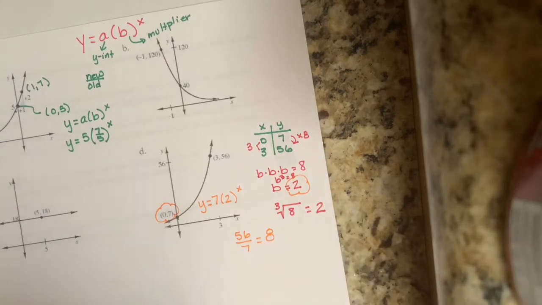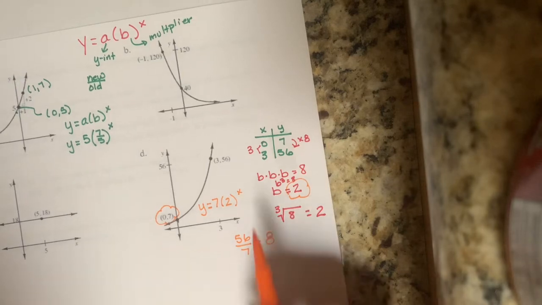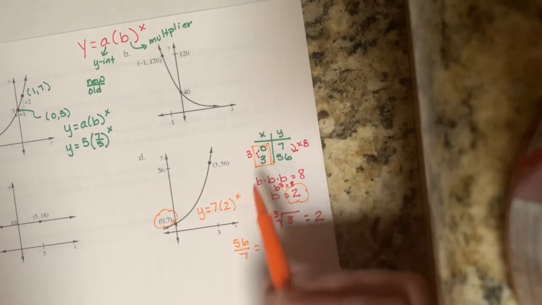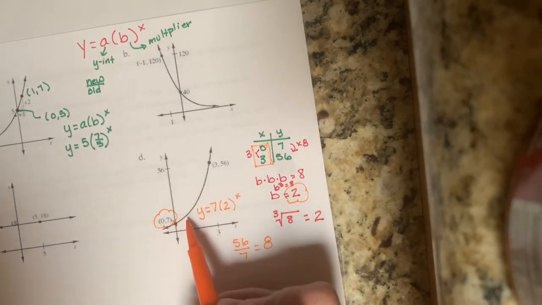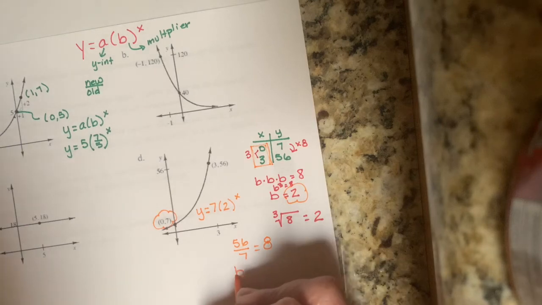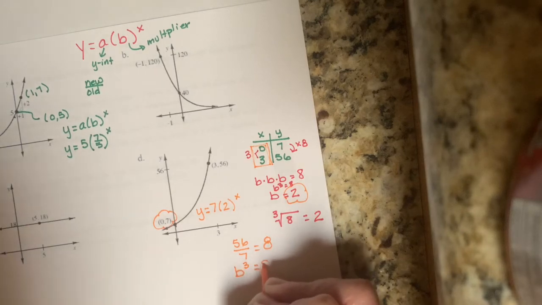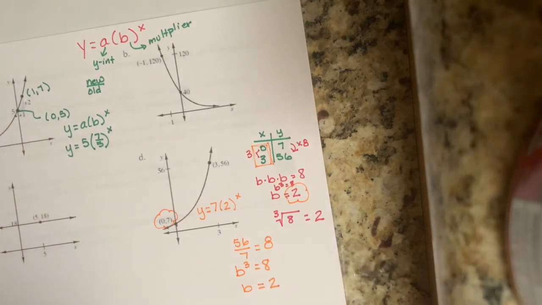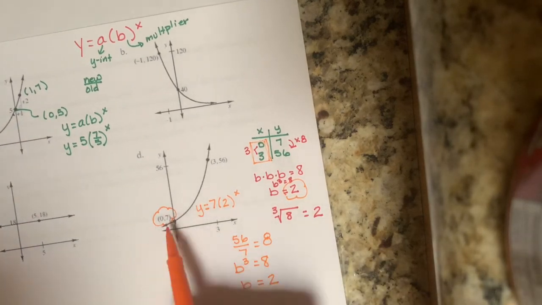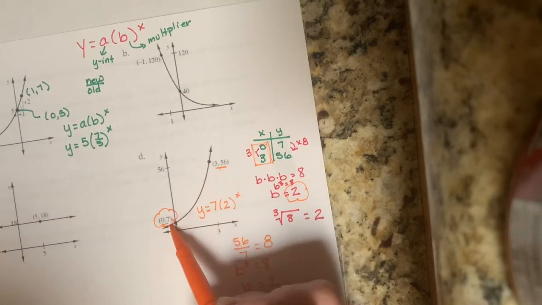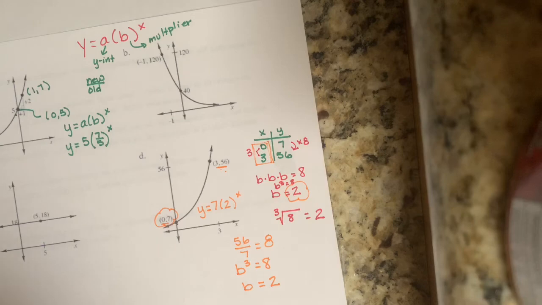The reason that 8 is not my multiplier is because you notice up here the x values went 3 spaces. We went over 1, over 2, then over to 3. So b to the 3rd power has to be 8, so b equals 2. The reason this problem's different is because we weren't given consecutive points. There was a jump between the 2 points that we were given.